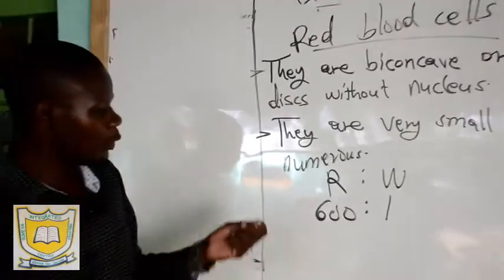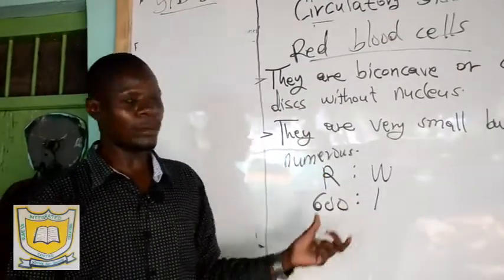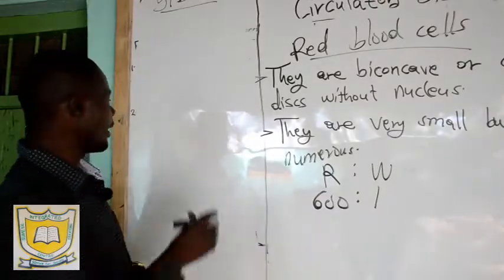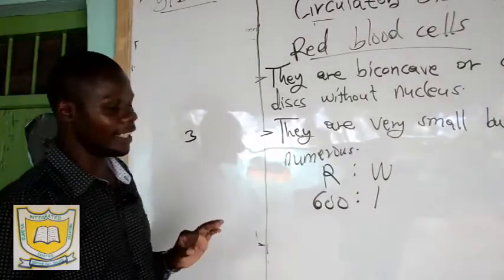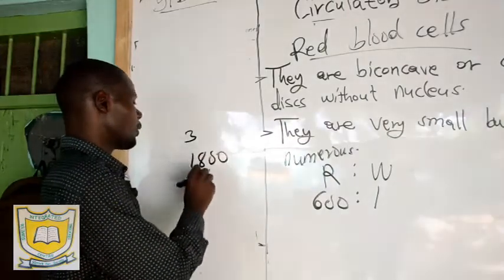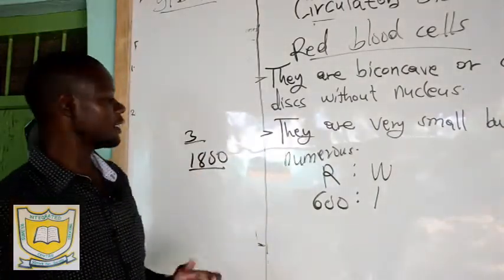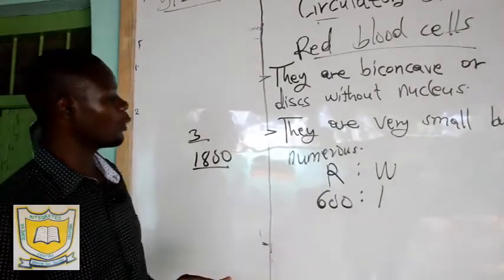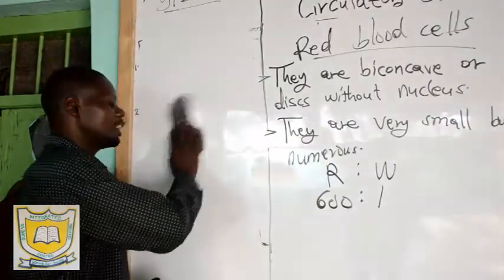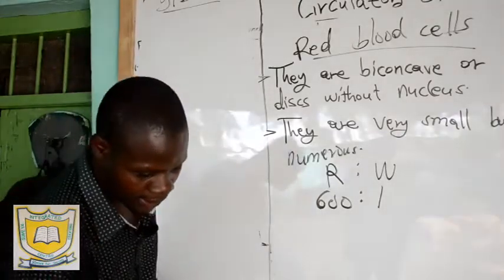So wherever you have 600 red blood cells, you will only have 1 white blood cell. Where you have 3 white blood cells, you will have 1800 red blood cells. So it means they are very small in size, and very many in number. That is what we mean.